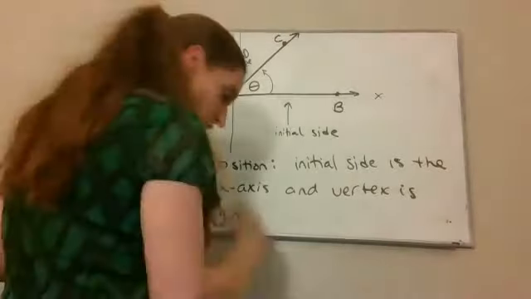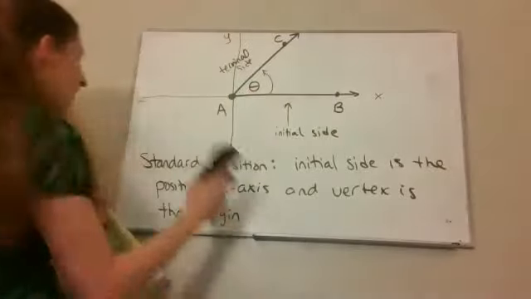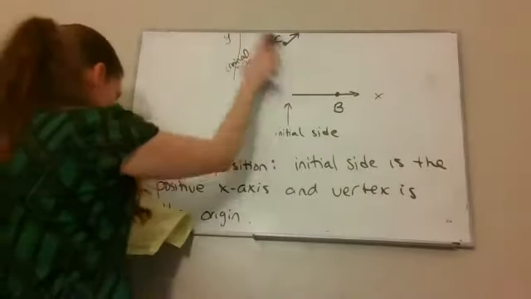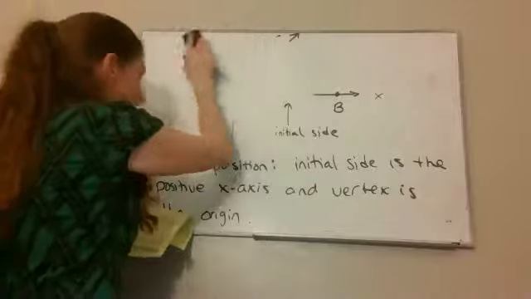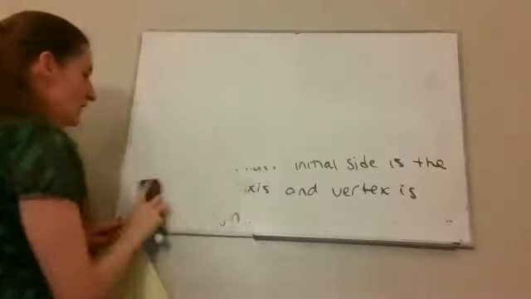Now, the measure of your angle theta tells us the direction that the angle is being rotated and the amount of the rotation.